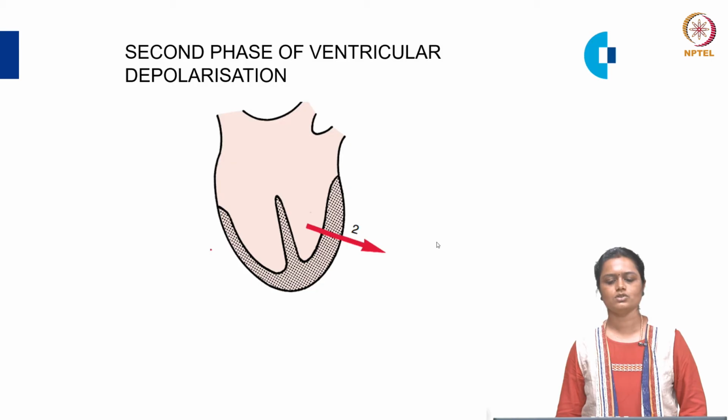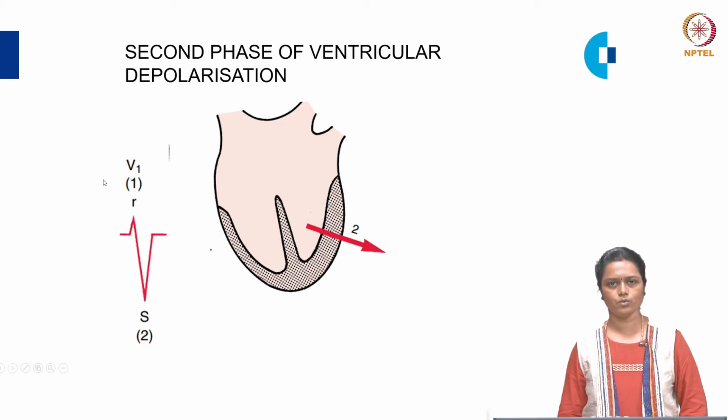The second phase of ventricular depolarization is with the ventricular mass. As I told you, both right and left ventricles get stimulated simultaneously, but the left ventricle is electrically predominant over the right, and hence the wave of depolarization is directed towards the left. What happens in the right-sided chest lead V1?